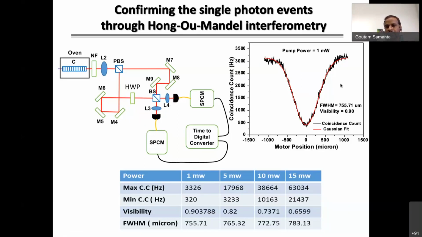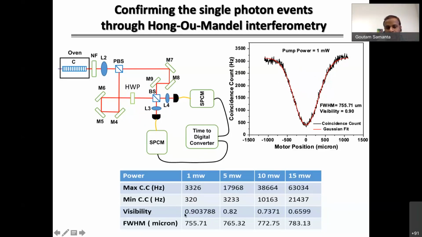Then if we keep increasing the delay further, it rises again, giving this kind of dip. This is called the Hong-Ou-Mandel interferometer. From this interferometry, you can see whether it is a single photon event or a multi-photon event. If you have multi-photons, then the visibility will not go near zero.